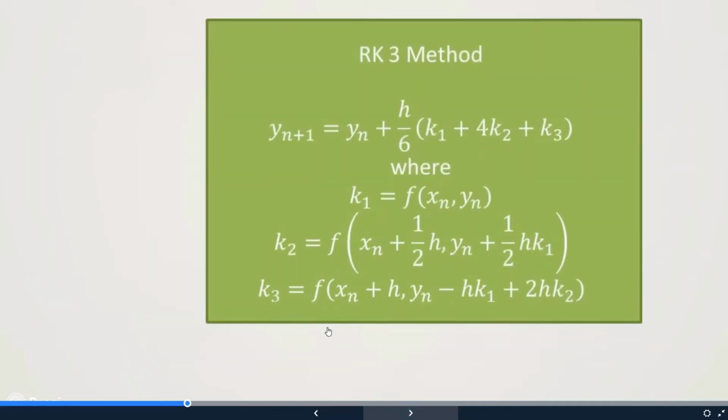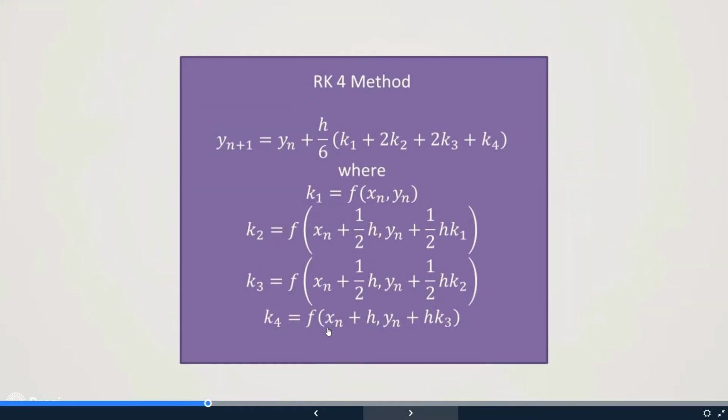And then the last is the fourth order, known as the RK fourth method. The RK fourth method is y_{n+1} equals y_n plus h over 6 times (k1 plus 2 k2 plus 2 k3 plus k4), where k1, k2 and k3 are like before, but the number of h depends on the order.